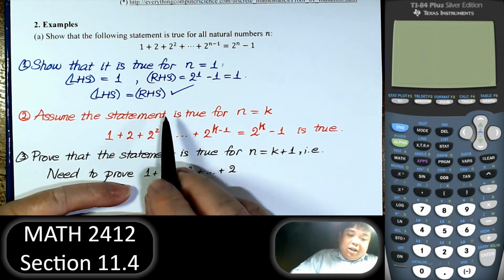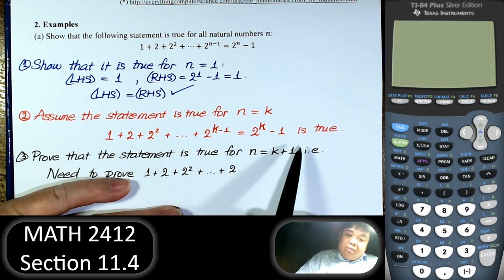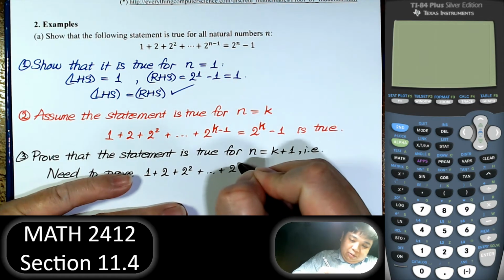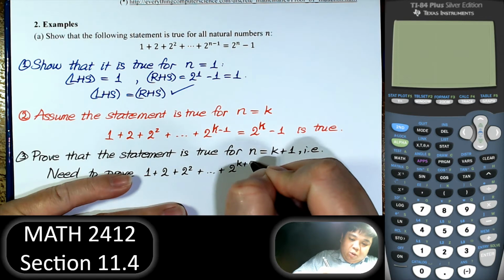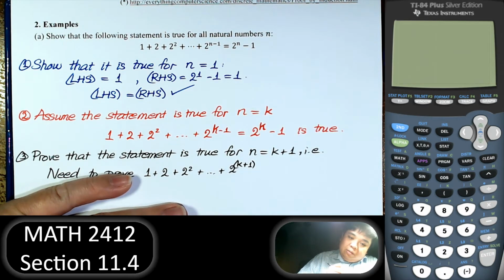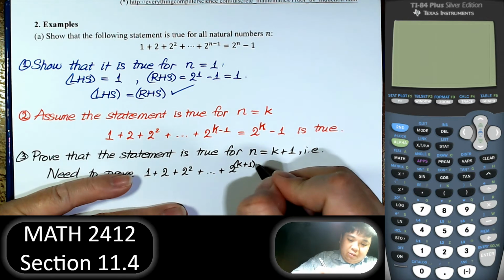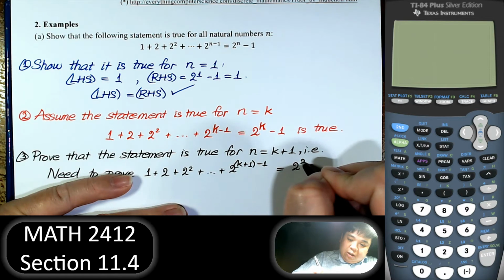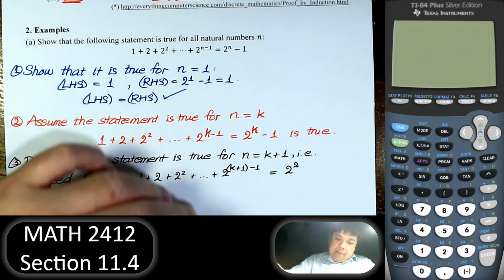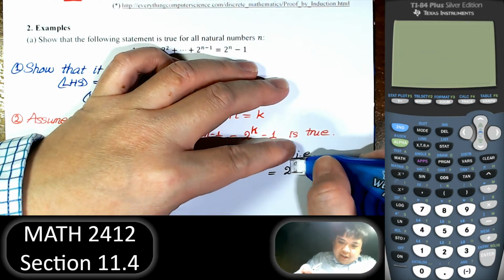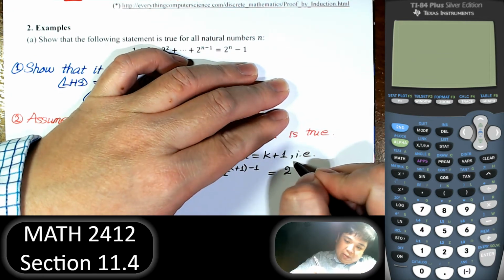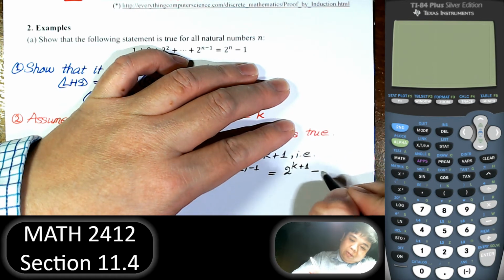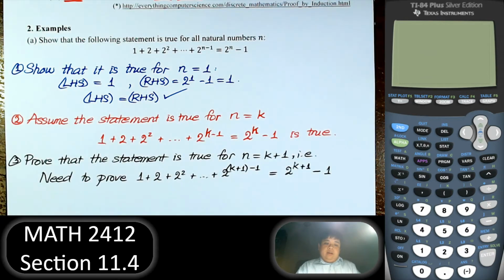Right, I will write this, but up to when n equal to k plus 1, so I'm going to put in k plus 1 for n, right? On the right hand side, 2 to the k plus 1. Right, so we need to prove that.